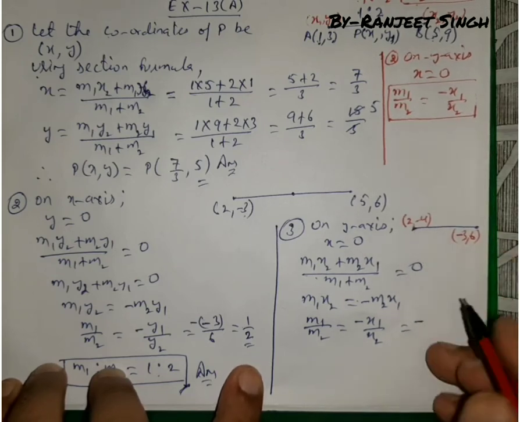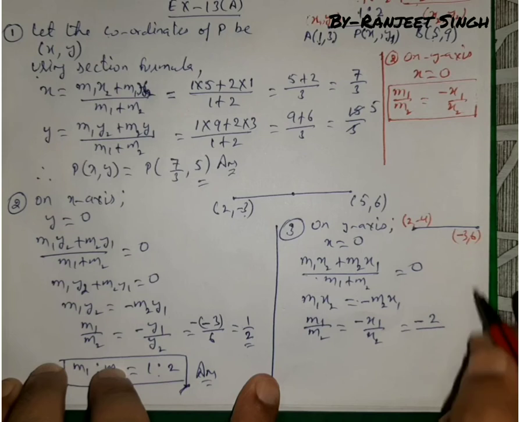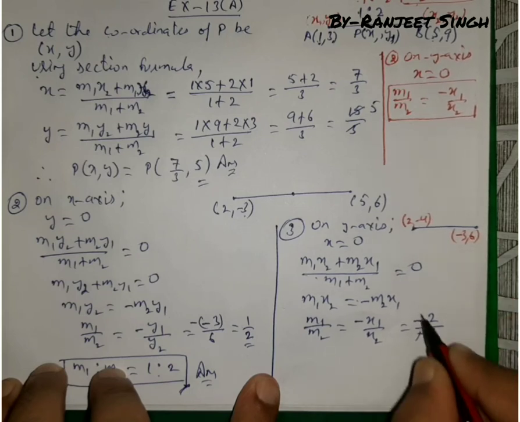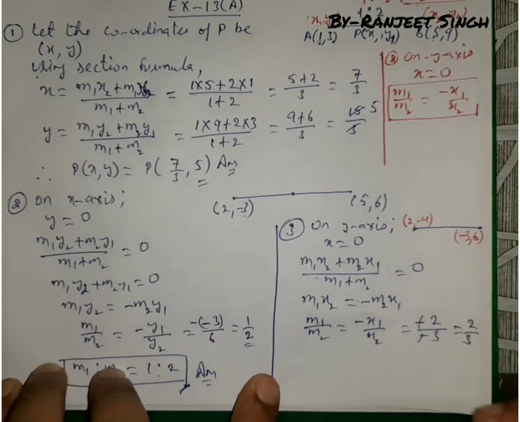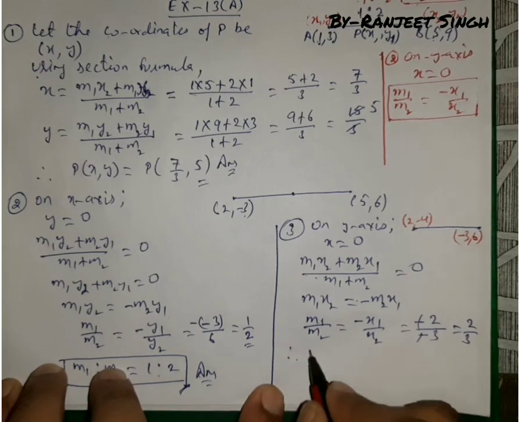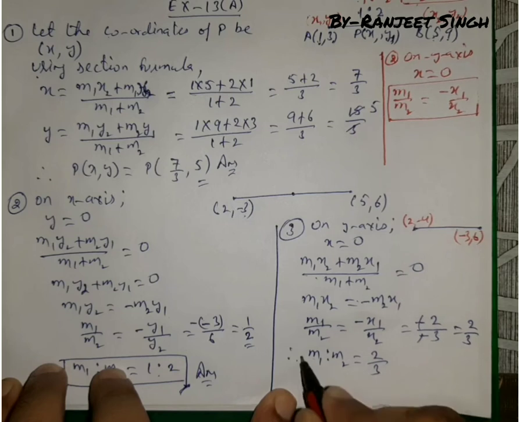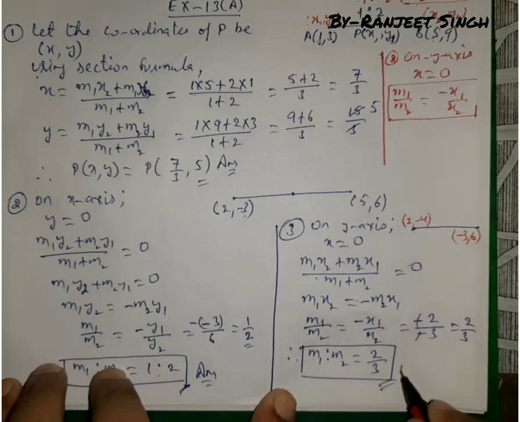So x1 is 2, so minus 2, and x2 is minus 3. So the ratio is 2 over 3. So therefore in this part the ratio is 2 over 3.